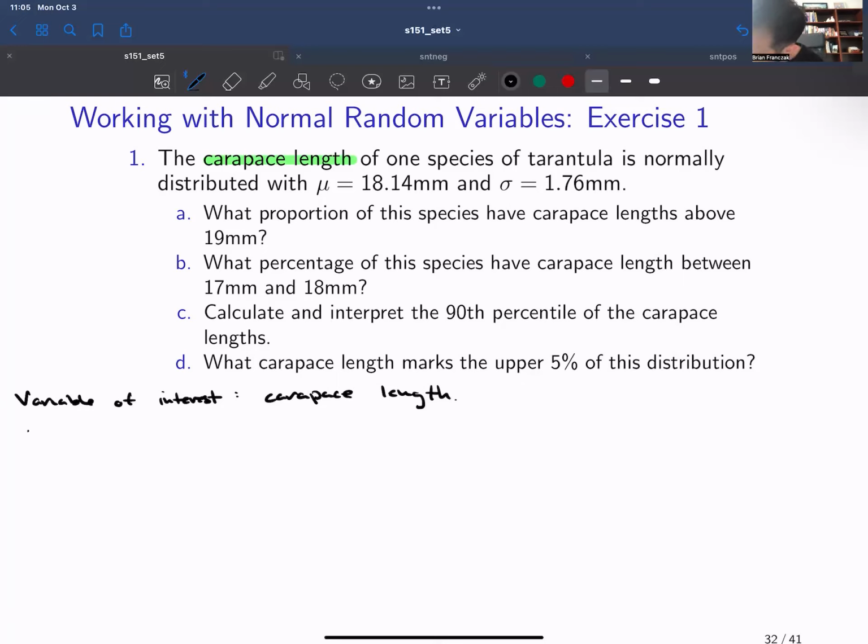Okay, so carapace length, or you could say carapace length is normally distributed.